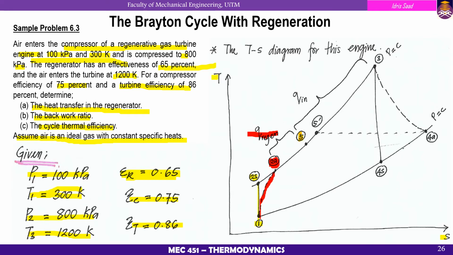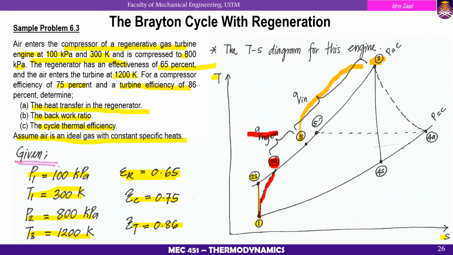From state 5, it will use the heat from the combustion chamber to increase the temperature of the air to the maximum temperature of 1200 Kelvin.